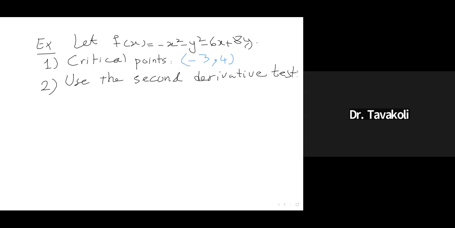So as you know, we should find D(x, y), which is the second derivative purely with respect to x times the second derivative purely with respect to y, minus the mixed second derivative squared.